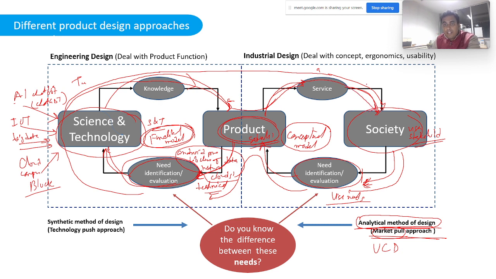And these kinds of requirements are not basically needs, but something we call nice to have, something which is desired but not a basic need. If you do not get those, there should not be any problem. This approach of design is called the synthetic method of design. So basically these are technology push approaches.